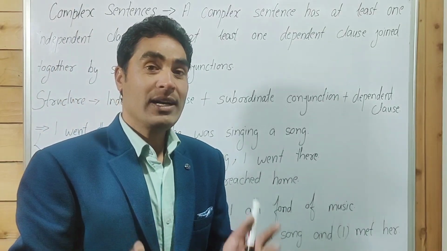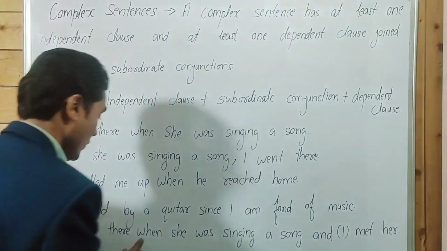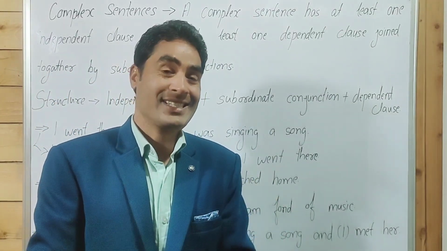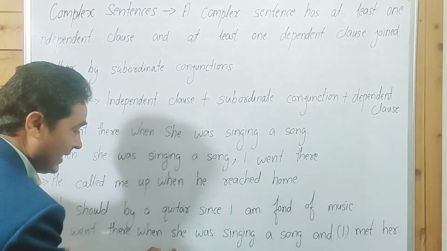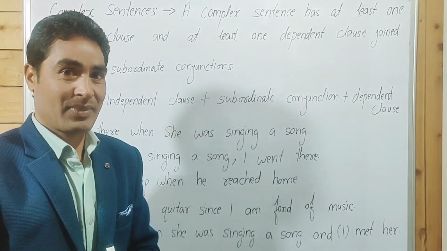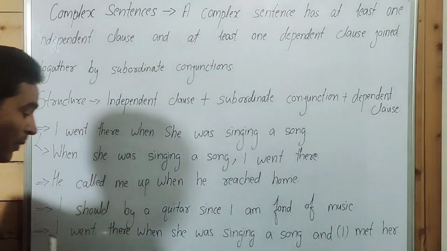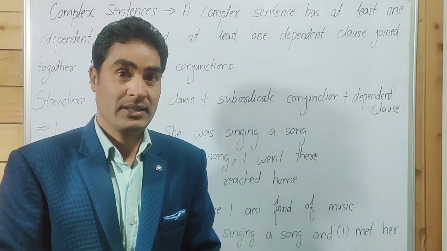So which type of sentence is it? It is called a compound-complex sentence, a mixed sentence. We can make a compound-complex sentence with the help of compound and complex sentences.